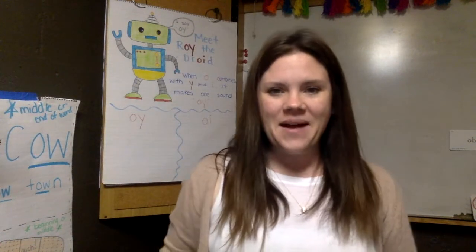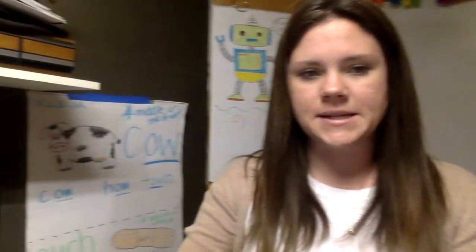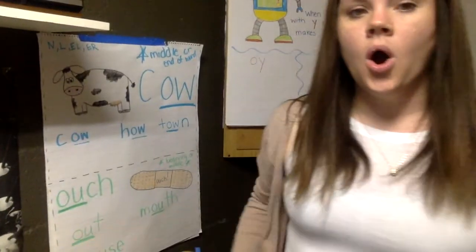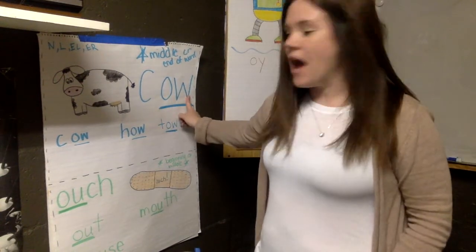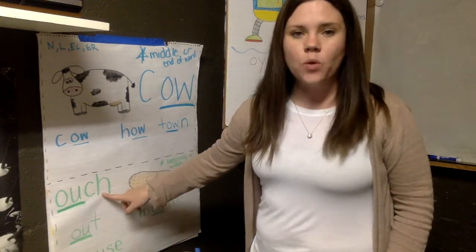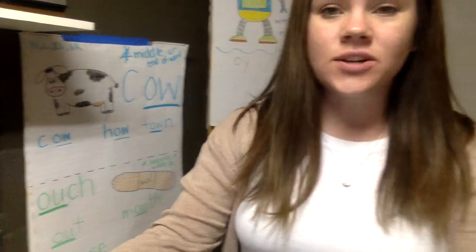Okay, guys, so we are here for phonics. I'm going to teach you a new feature for our words. Last week we were practicing the ow sound, ow in cow and ou in ouch, O-W and O-U. Remember, that is called a diphthong.